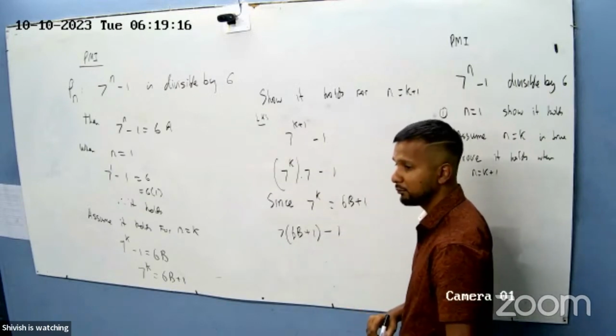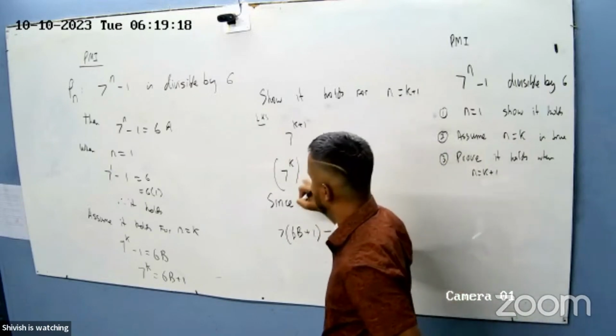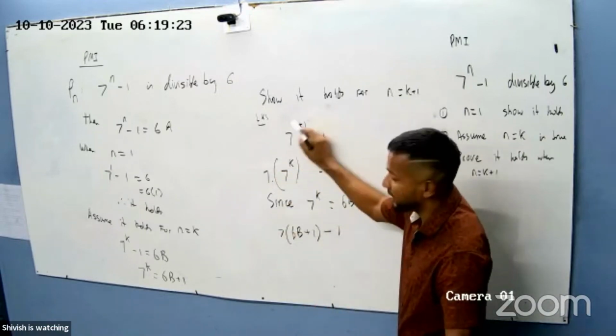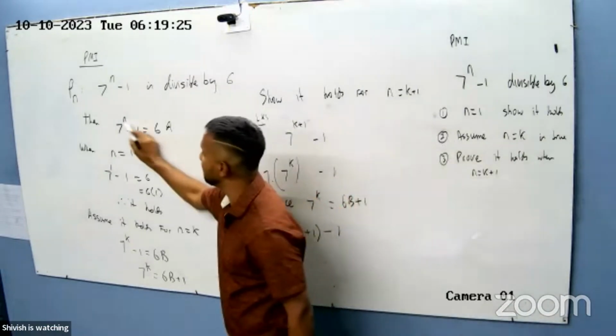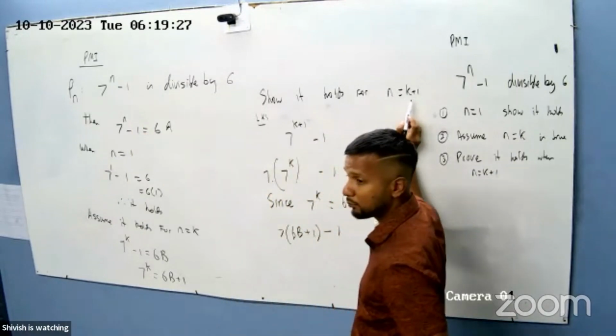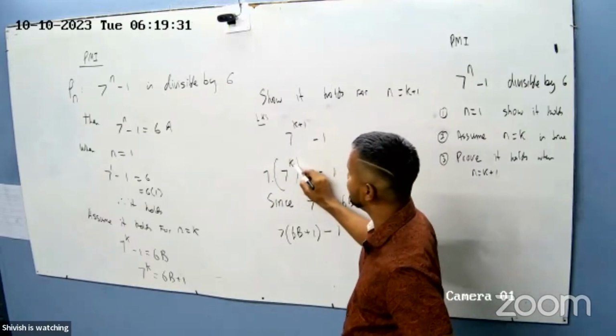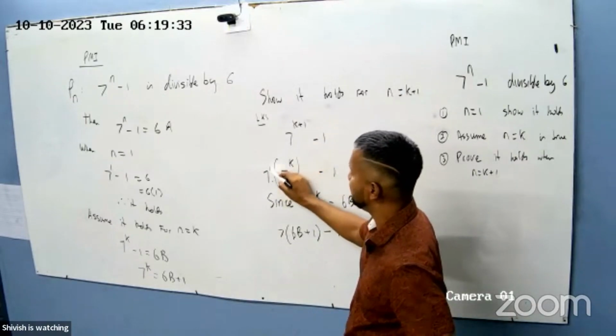So I had this line. All I did is I took off the n and I put k plus 1. That's this line here: 7 to the k plus 1 is 7 to the k by 7 to the 1.